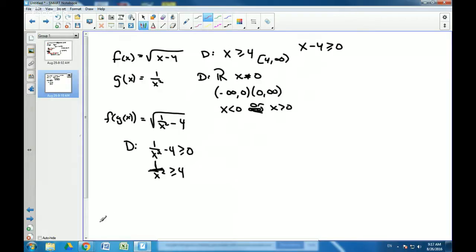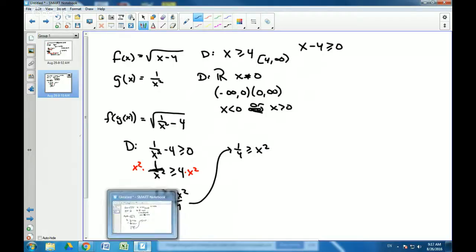Then x squared, and then you would have to divide by 4. Get our brain cells refreshed on algebra. Somebody said the next step already.